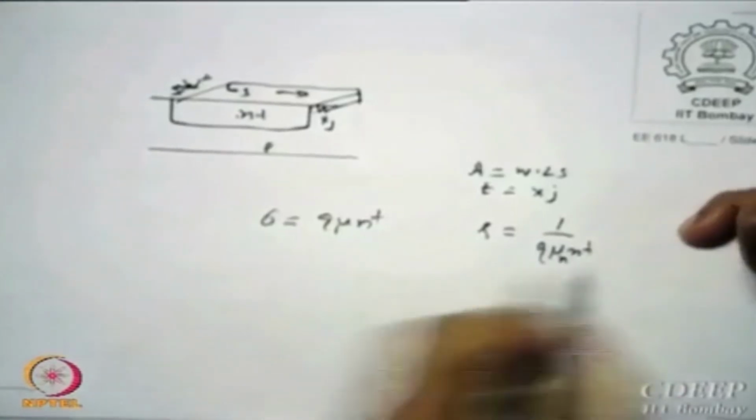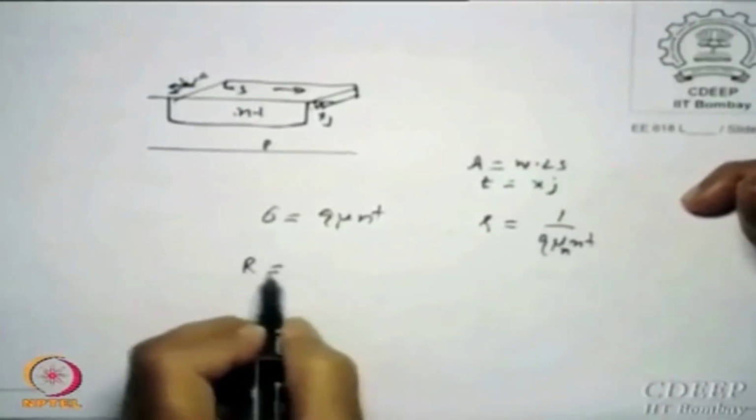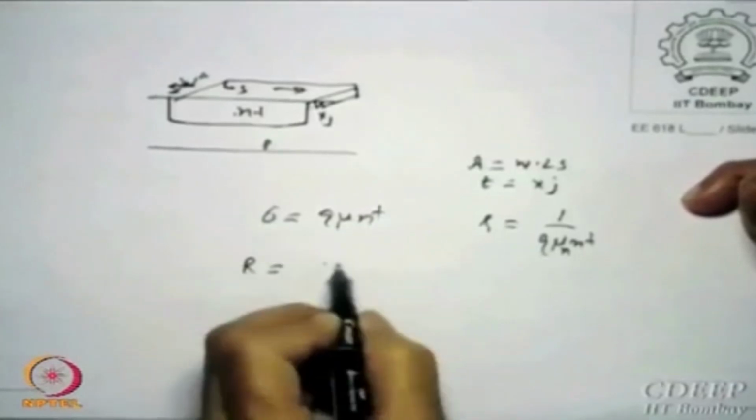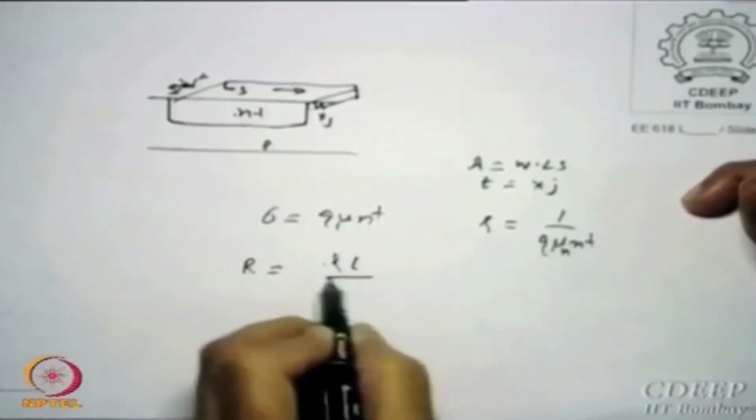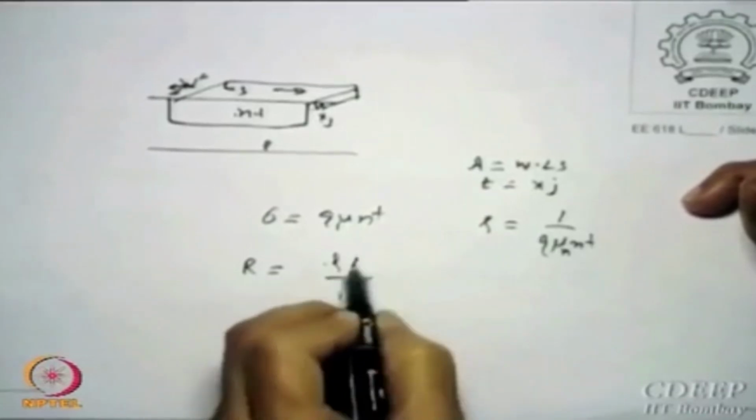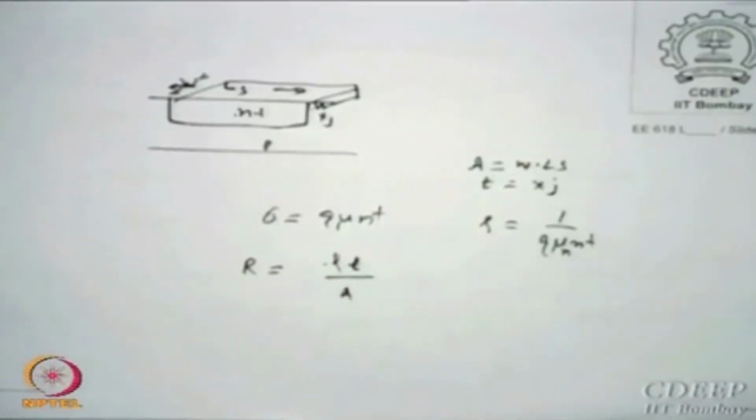Mu N is known, N plus is known, R is rho L by A, so I can calculate the length of the source region.